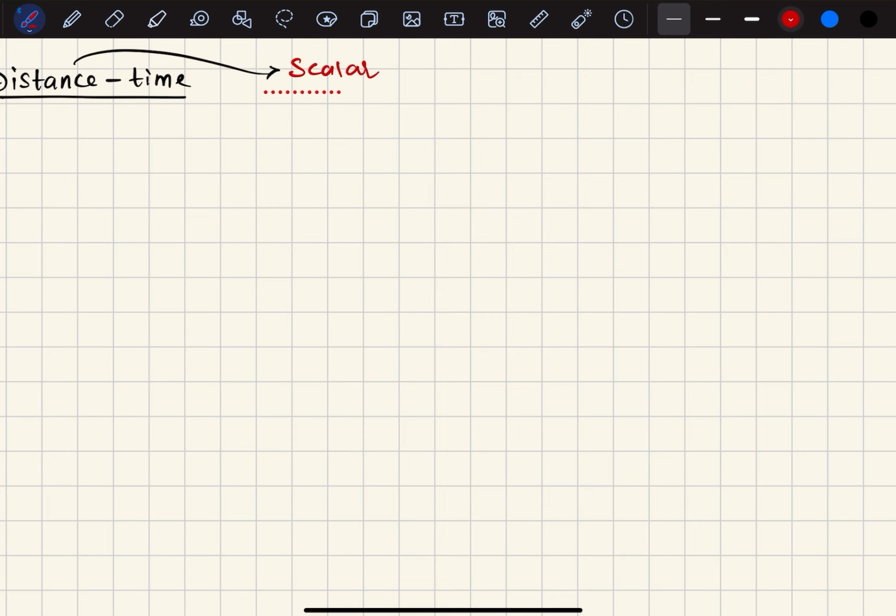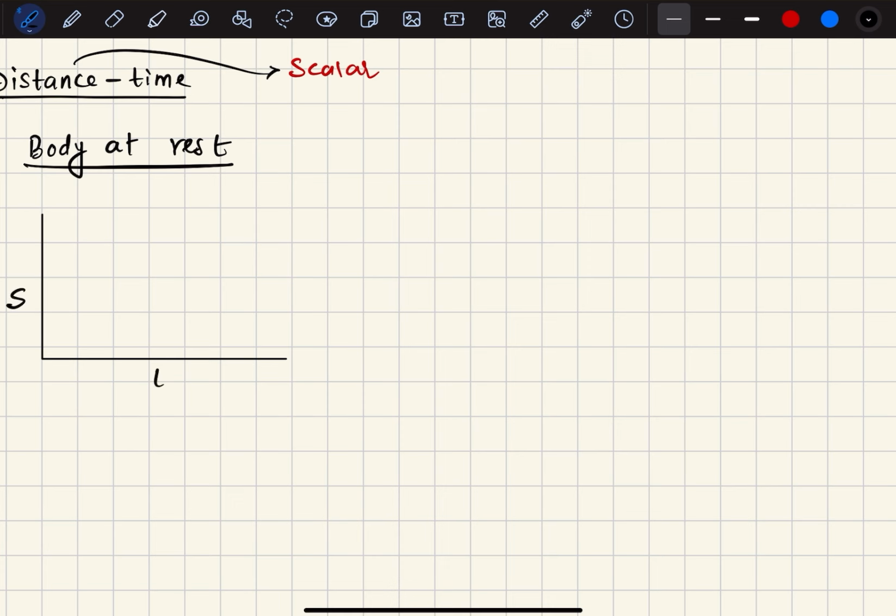So suppose a body is at rest. How will the graph look if I try to plot distance versus time? If the body is at rest, there can be two things. The observer will sit over here.